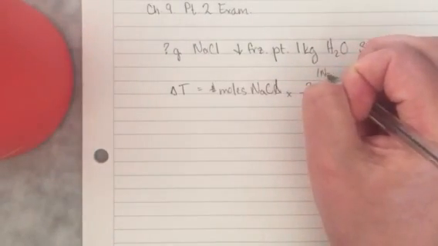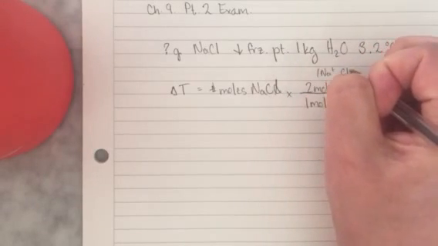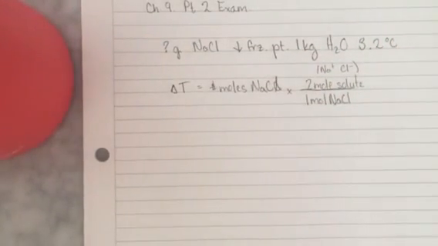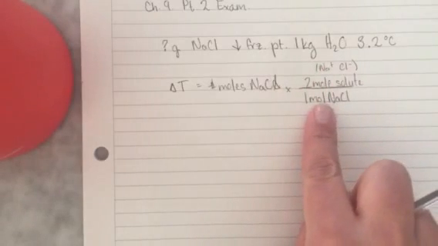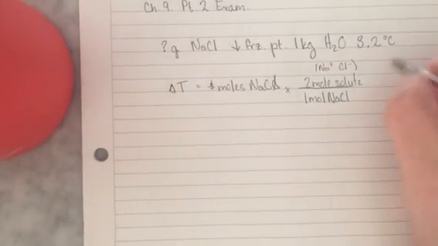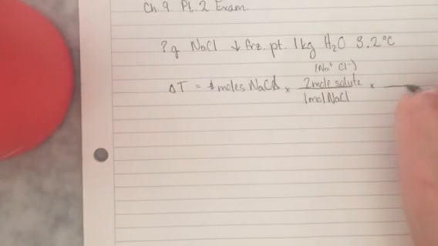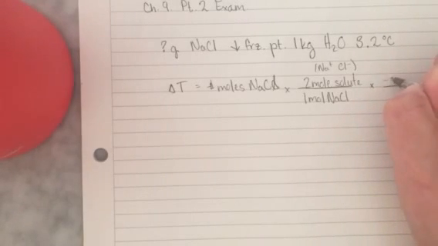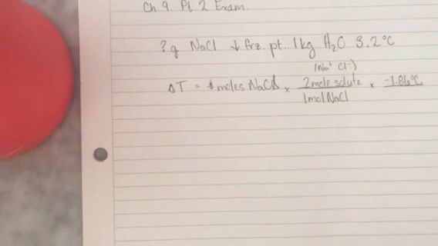That's 1 Na plus and 1 Cl minus because it dissolves. So I end up with 2 species instead of just 1. And for every 1 species, it changes by 1.86 degrees C, by a negative. It goes down.